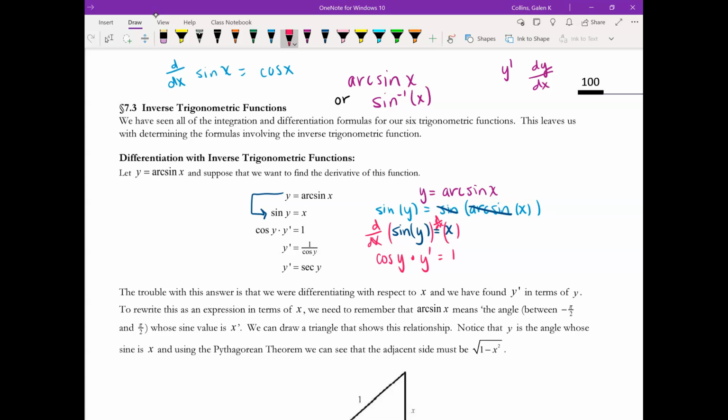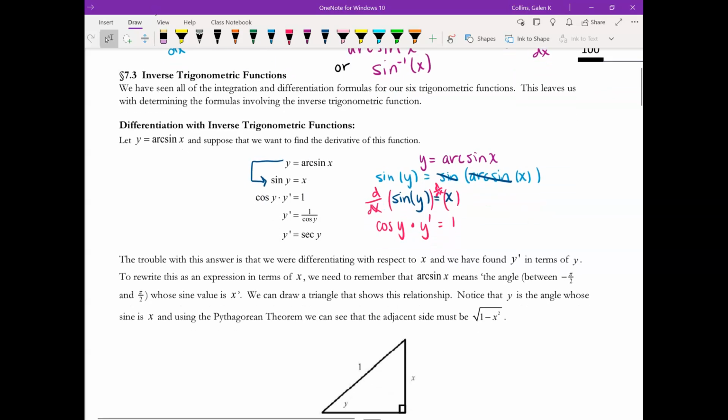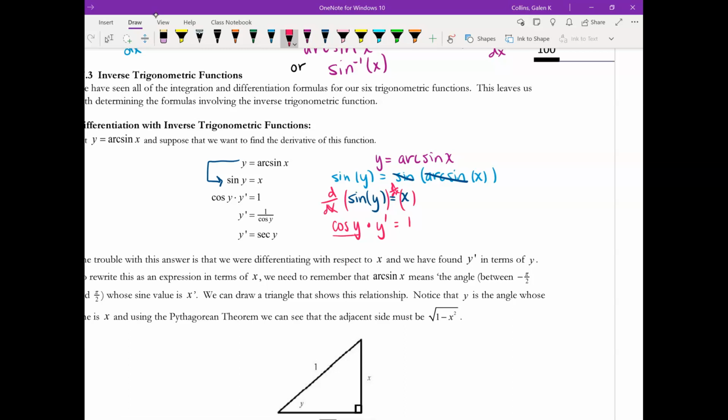And then we can divide both sides of this equation by the cosine of y. So we get that y prime is 1 over the cosine of y, and we know that's the same as the secant of y. So our problem is that we really want to write this in terms of x, not in terms of y.